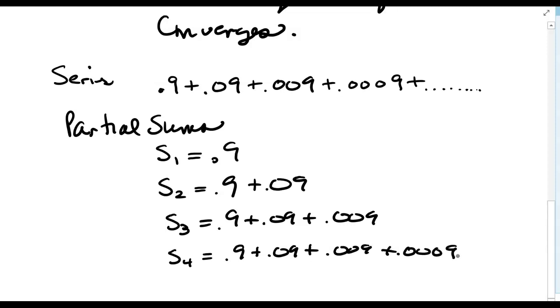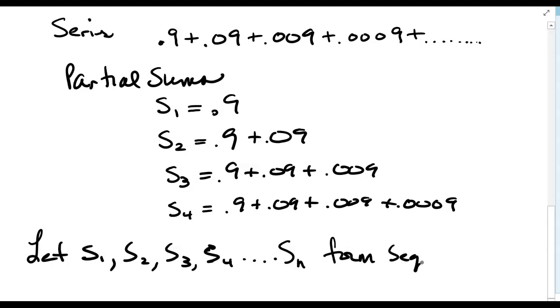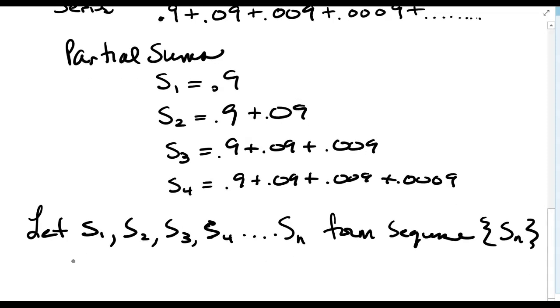These are the first 4 partial sums. So if we let S1, S2, S3, and S4, all the way to n, form the sequence S sub n, then this is a sequence of partial sums.